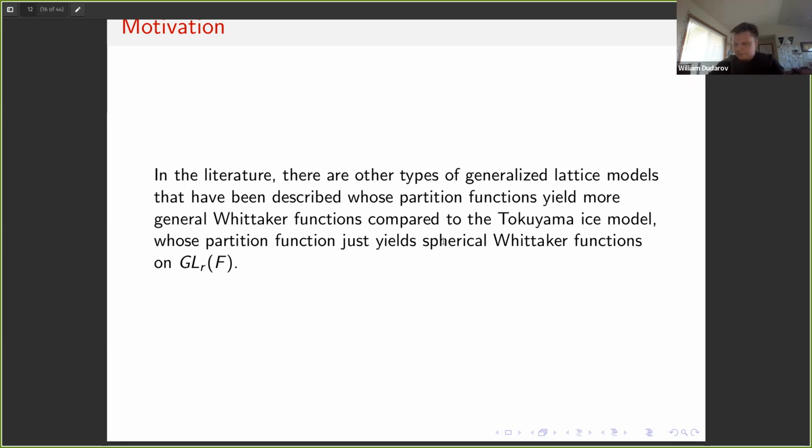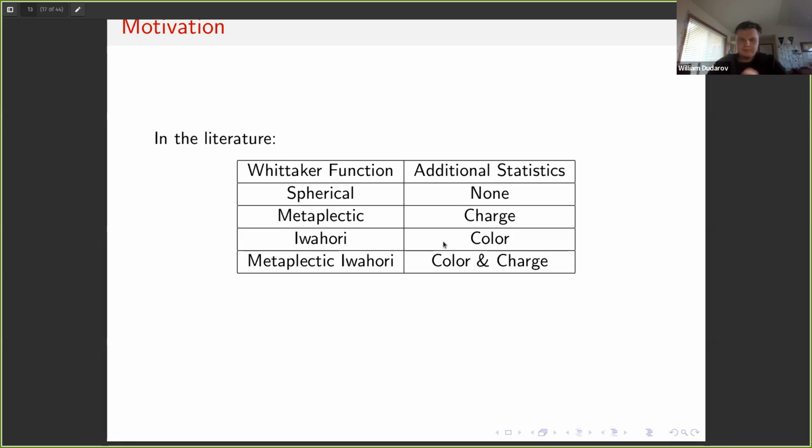But then generalizations of Tokuyama ice also yield other interesting generalizations of Whittaker functions over metaplectic covers, and Iwahori-Whittaker functions. So if you just take Tokuyama ice, the partition function gives you spherical Whittaker functions.